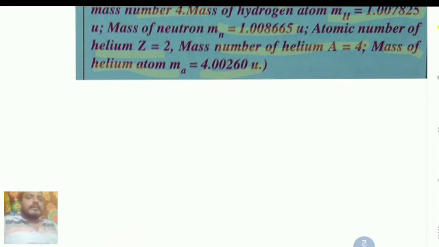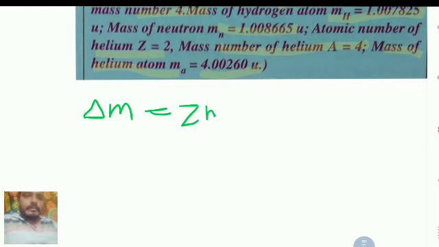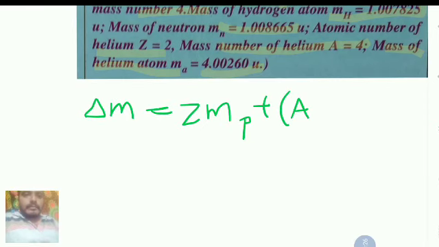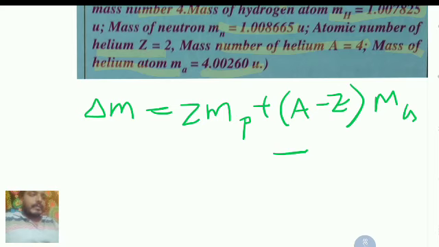So first of all, mass defect delta m is equal to Z mass of proton plus (A minus Z) mass of neutron minus mass of atom. It is the mass defect formula. Delta m is the mass defect.